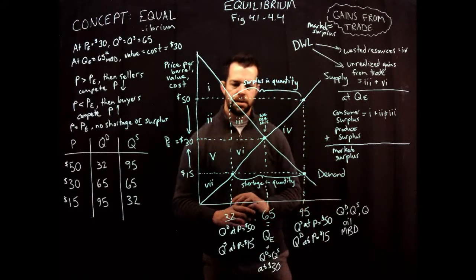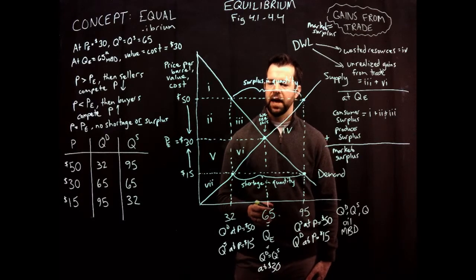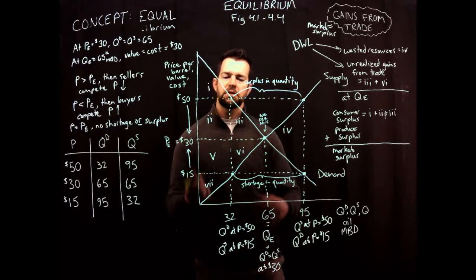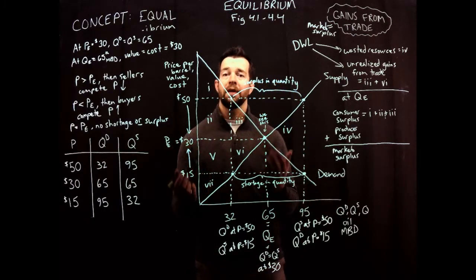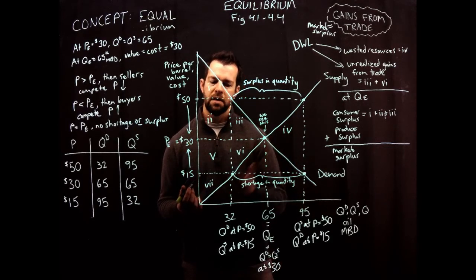All right, now, next up, we've got the producer surplus. Well, the producer surplus means any surplus money you have left over from your revenue after paying for your costs. And the costs are represented by the y-coordinate of the supply curve, okay?